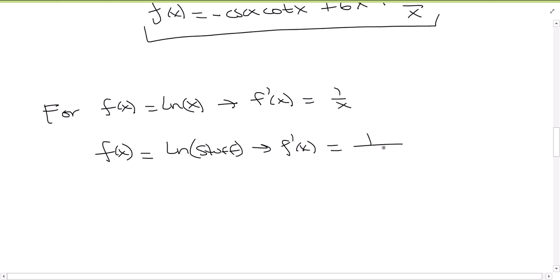So this is going to be 1 over the stuff, but then by the chain rule, times the derivative of the stuff. I shouldn't say d/dx because our variable may not be x, so I'm just going to say times stuff prime. And this is by the chain rule.